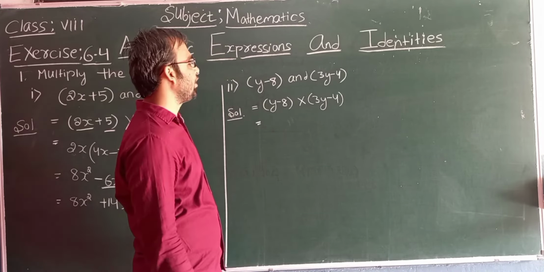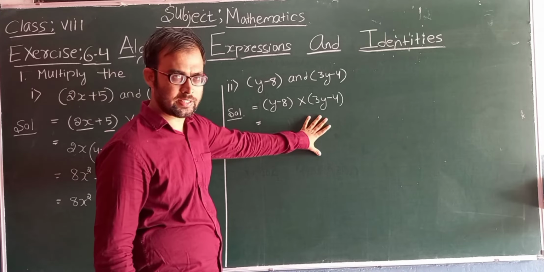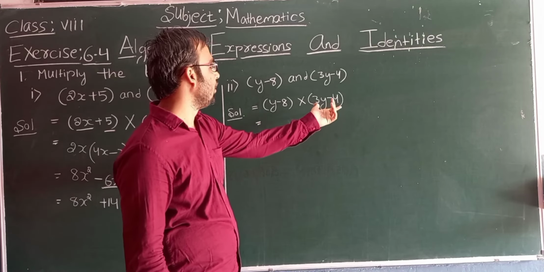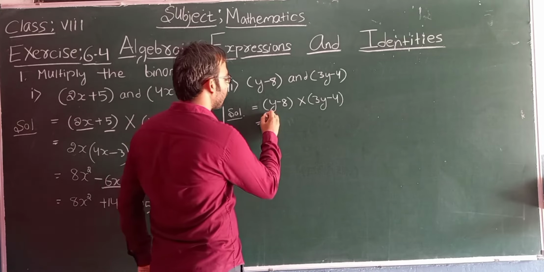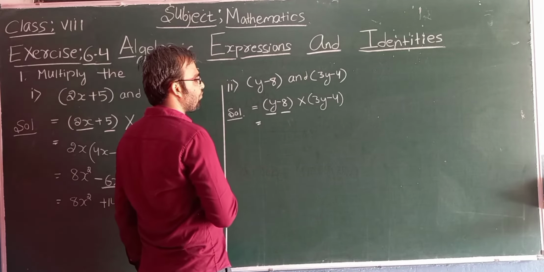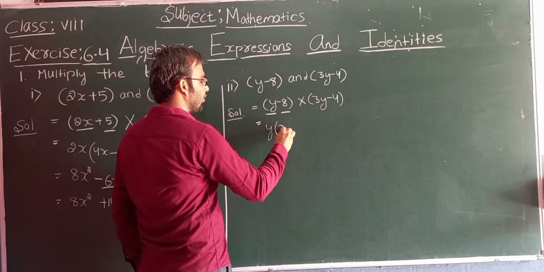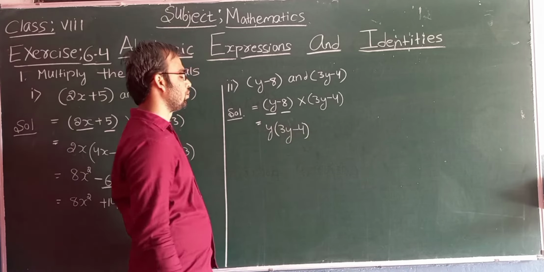As I told you, in these two binomials you can keep any one binomial as it is and divide the other binomial into two parts. So here I will keep this one as it is and divide this one into two parts: one part is y and the other part is minus 8. Now write here y. Next write this one, 3y minus 4, bracket close.